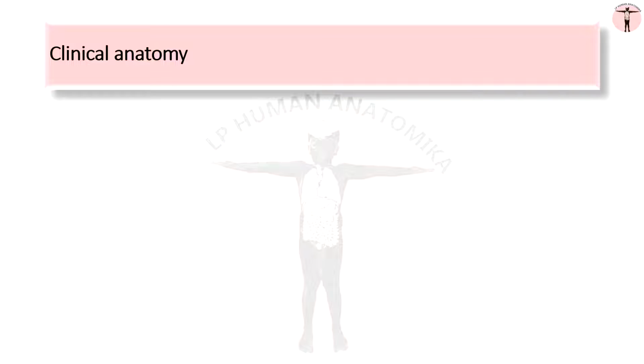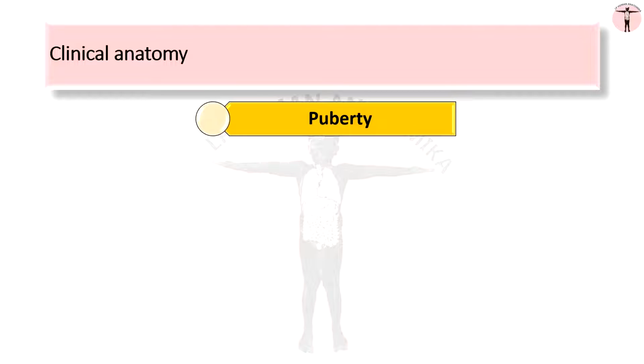Coming to the other general clinical terminologies: puberty is the age at which secondary sexual characters will develop in an individual.